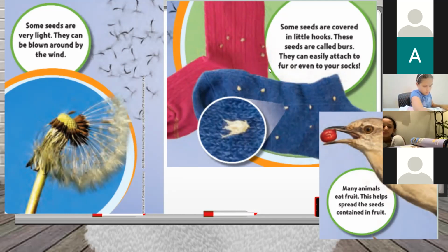Sometimes they attach to our clothes and we carry them from the garden to a different place, or sometimes animals eat fruits and throw the seeds in many different places. If this seed lands on land with very good conditions, it will give us new plants.